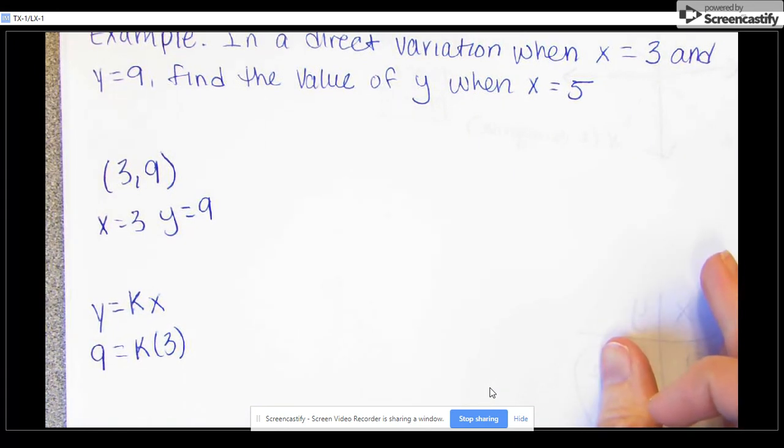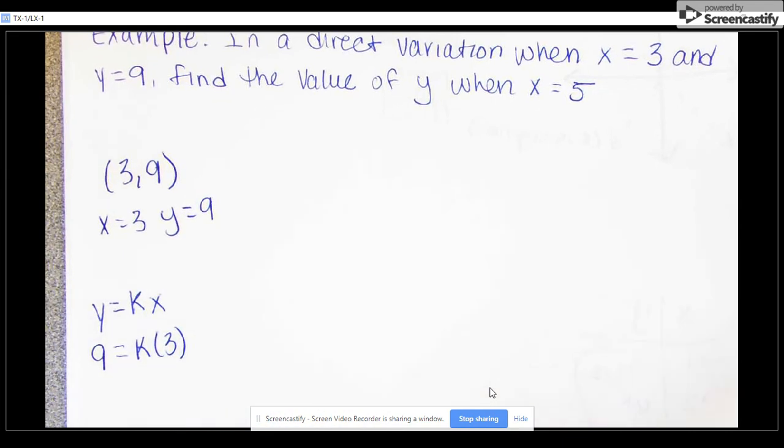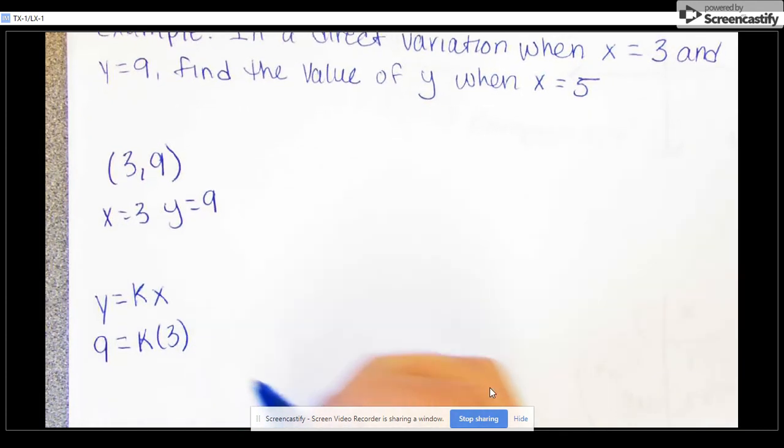Now I need to solve for k. Once I know that number, that's the number I'm going to multiply every x value by in order to get y. So k and 3 are right next to each other. I know that means that they're multiplying. So in order to get that k by itself, I'm going to do the opposite operation, which is dividing.